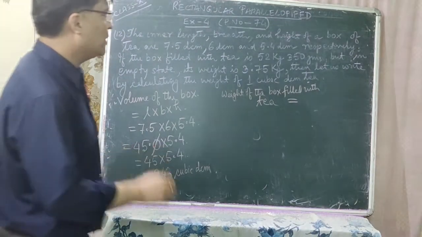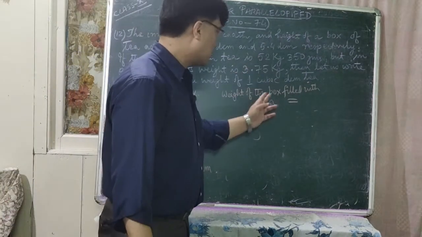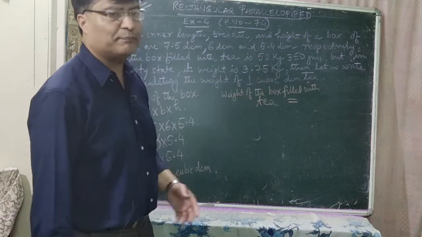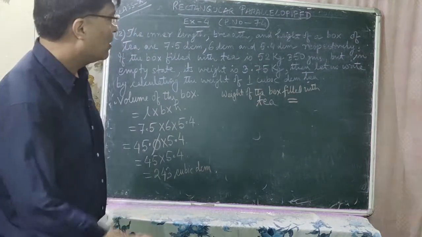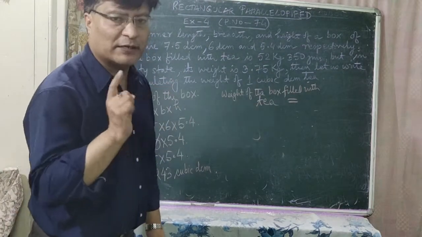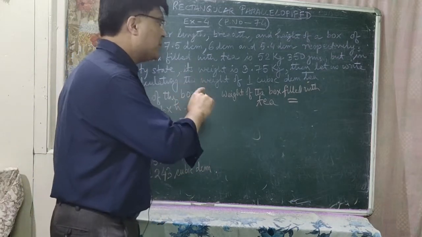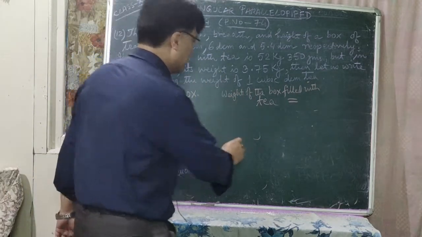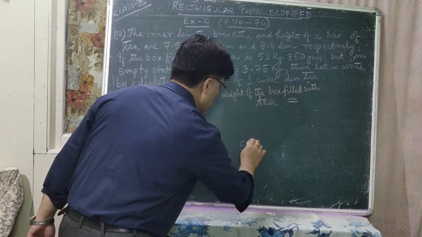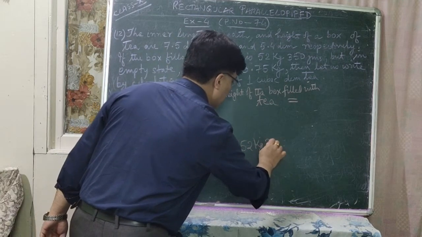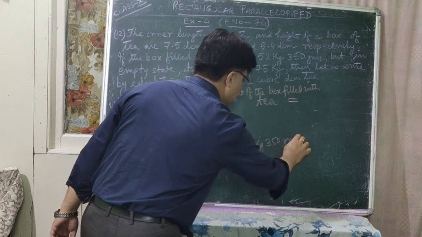Weight of the box filled with tea is 52 kilogram, 350 grams. What does it mean? 52 kilogram, 350 grams means, so look at the blackboard, 52 kilogram, 350 grams.